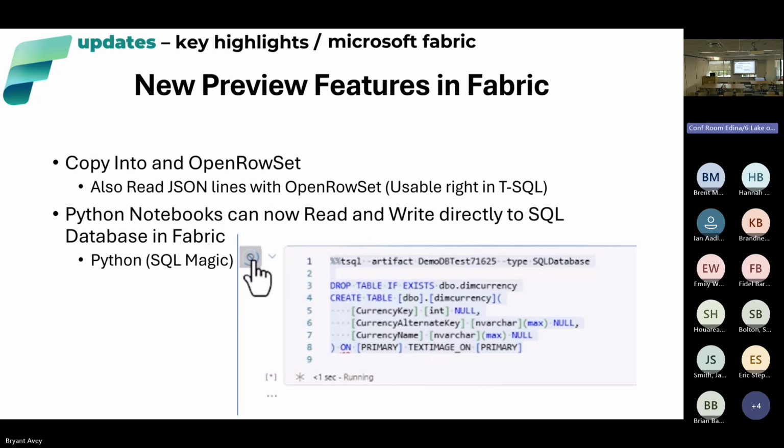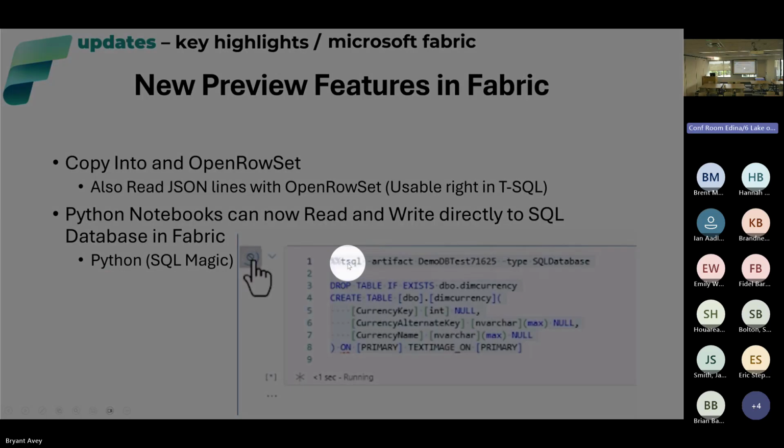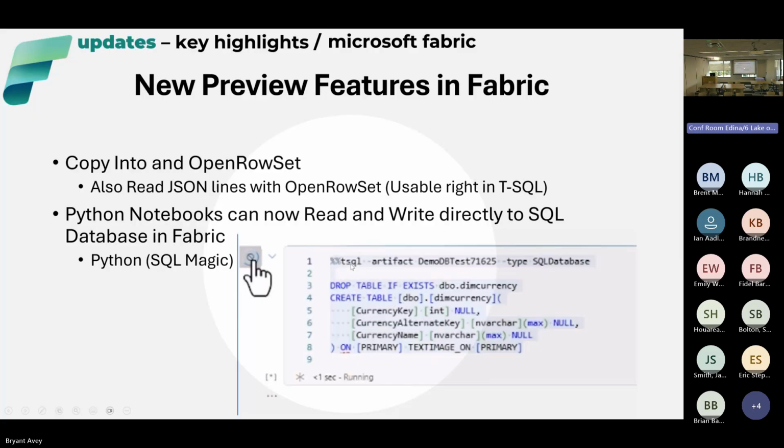Now it's all integrated, and they've introduced a new SQL magic, which is this %%tsql right here. And then there's these parameters, --artifact, and then the name of the SQL database that you're connecting to.